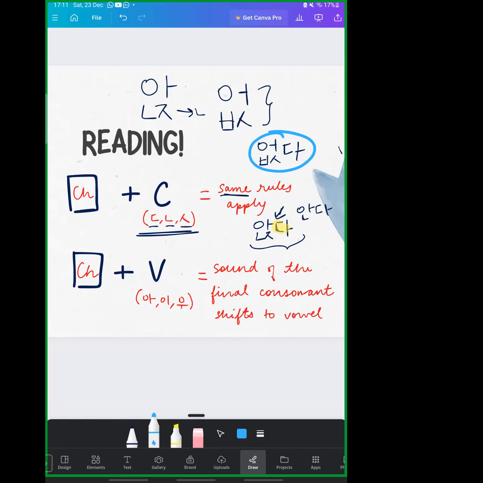You can go back to your notes and see the rules that you had for the single consonant if you are not able to remember it now. Just ob. No, it won't be obada, just ob. So this one. Now, if you had to read this separately, Sakshi, how would you read this?